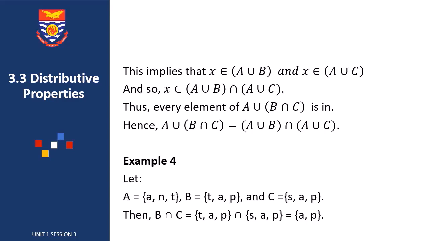We therefore conclude that A ∪ (B ∩ C) is equal to (A ∪ B) ∩ (A ∪ C).